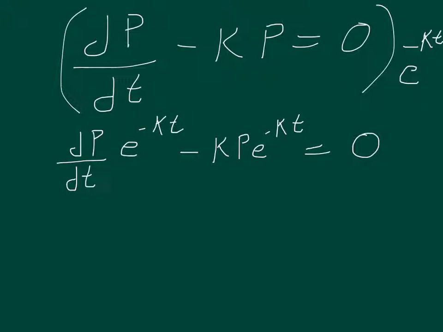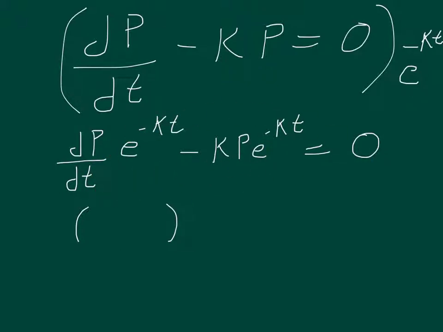And so now we can create our, not our integrating factor, but our product derivative. And so we want to figure out what two components of this entire equation, when multiplied together and we take the derivative of that, we would find this equation here.